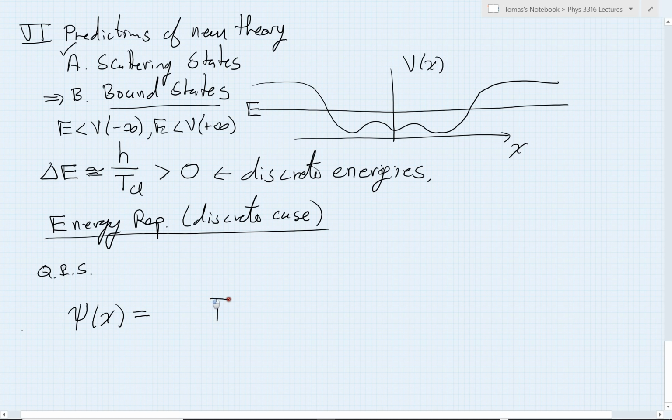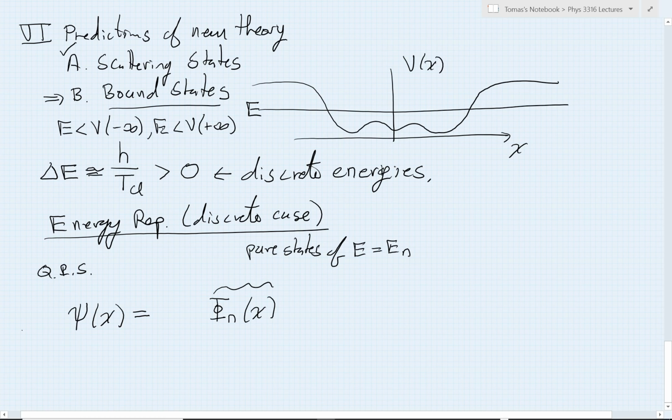So those pure energy states I will call phi sub n of x. So these are my pure states of E. And the energy values that go with phi sub n, I'm going to call E sub n. So these are pure states of energy, E equals E sub n.